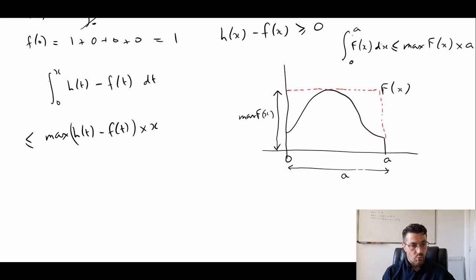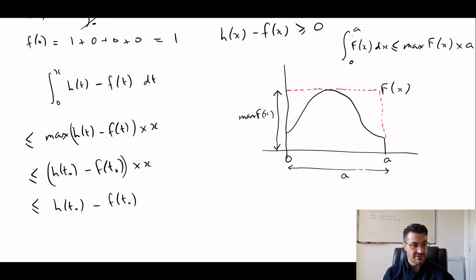Okay, the max of h of t minus f of t is equal to h of t naught minus f of t naught, because that's where the maximum occurs. Now x is less than or equal to a half. So h of t naught minus f of t naught times x is going to be in turn less than or equal to h of t naught minus f of t naught times a half, which is exactly what we needed.